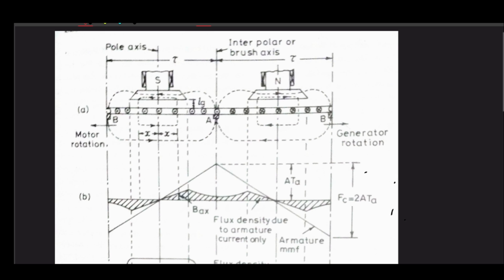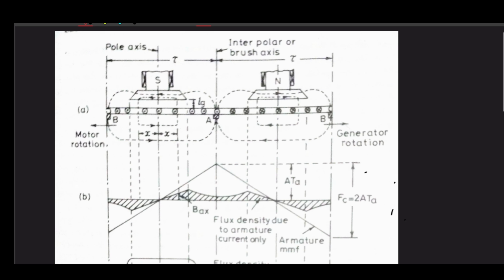You must have read it in your engineering drawing. So this is basically the armature slots, right? And these are the armature conductors. So we are assuming that armature conductors are evenly spaced, and this is the total field produced by the armature conductors.